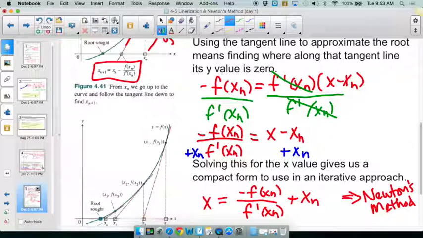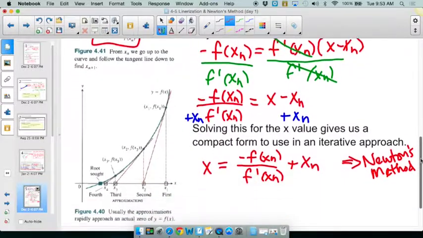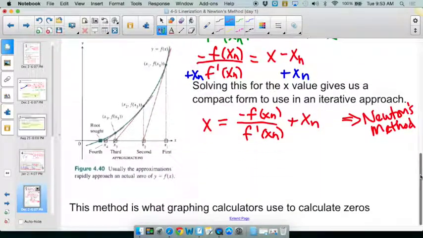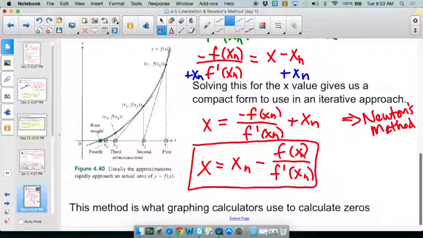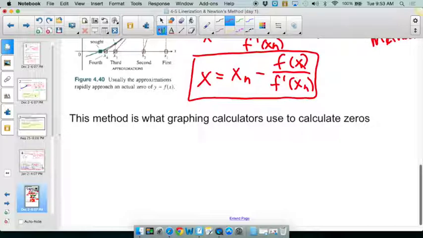So I'm going to go ahead and put those terms in the order that you see them up there. So we have our value for x is our old value minus our function over our derivative. And so we can use this then to start finding zeros in an iterative method.